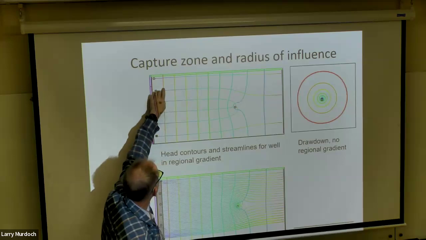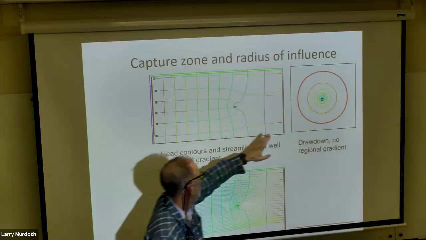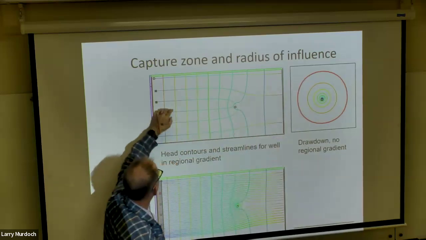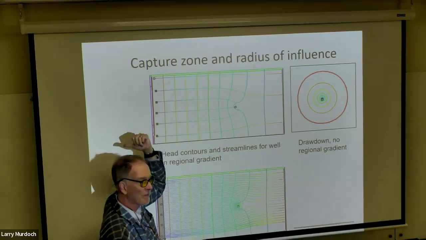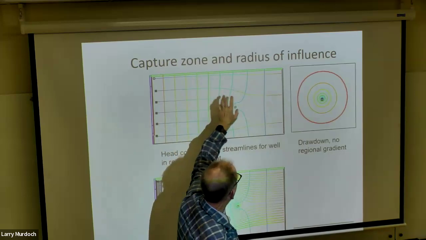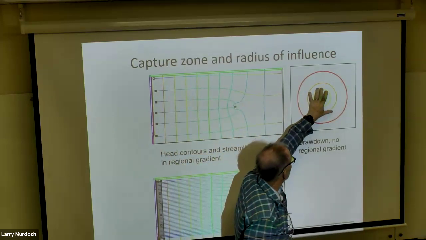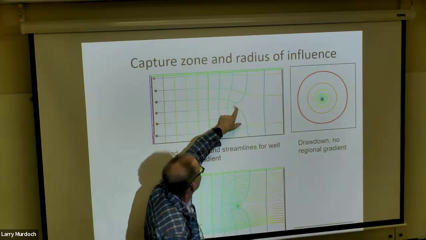So here, these are head contours. This is low head and high head. And initially the head looked like this. It's all uniformly sloping. So if we take this uniformly sloping head and add to it, or basically subtract off this, then we get contours that look like that.